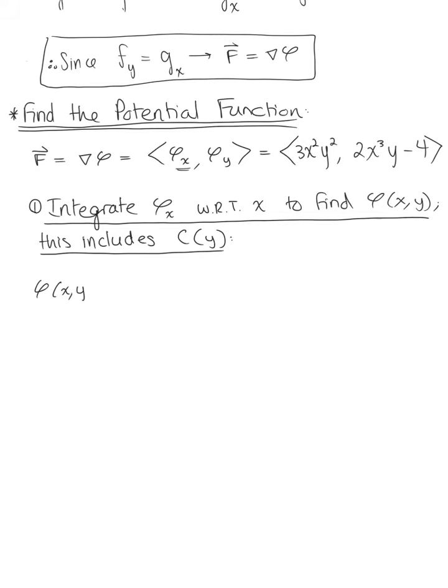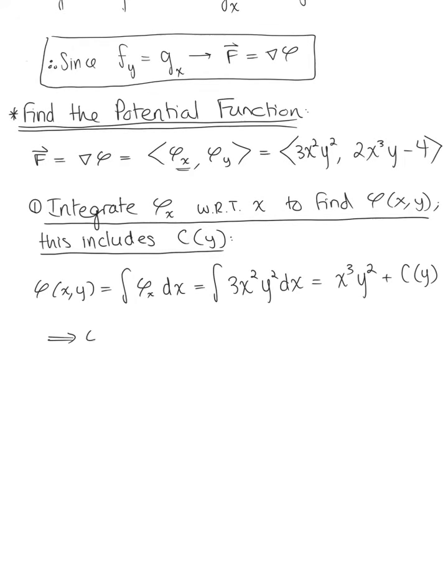So we have phi of x, y is equivalent to the integral of the partial derivative of phi with respect to x, dx. So this is the integral of 3x squared y squared dx, which leaves us with x cubed times y squared plus the arbitrary function c of y.